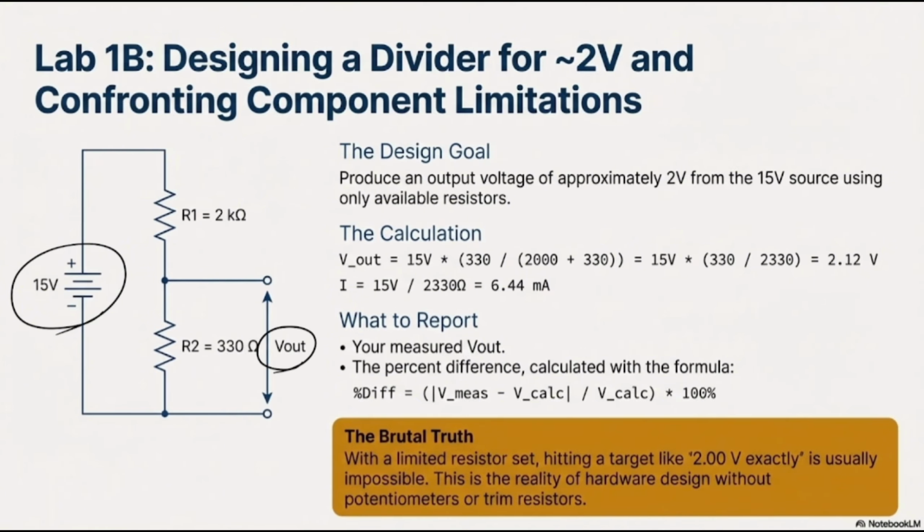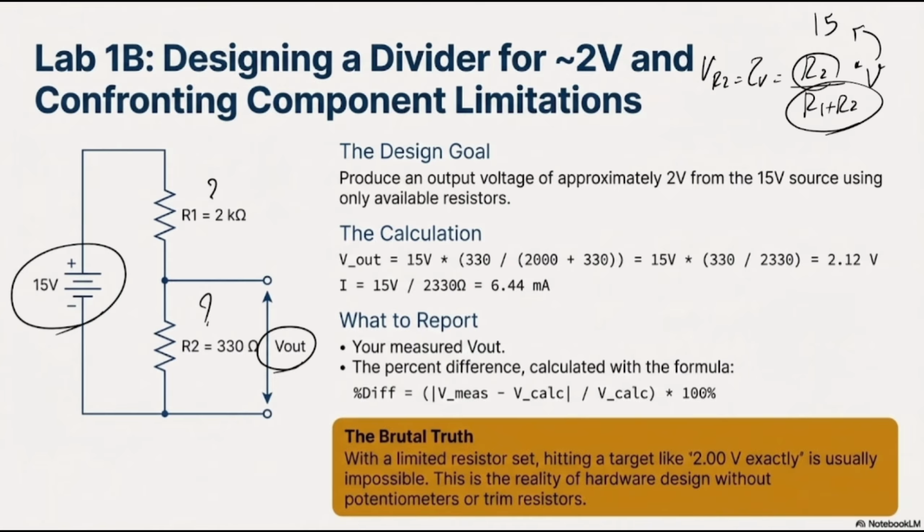At this point you would simply say that R2 and R1 are unknown, so I can write that VR2, which is 2 volts, equals R2 divided by R1 plus R2 multiplied by V. My V is going to be 15 volts, and I have a relationship between R2 and R1.